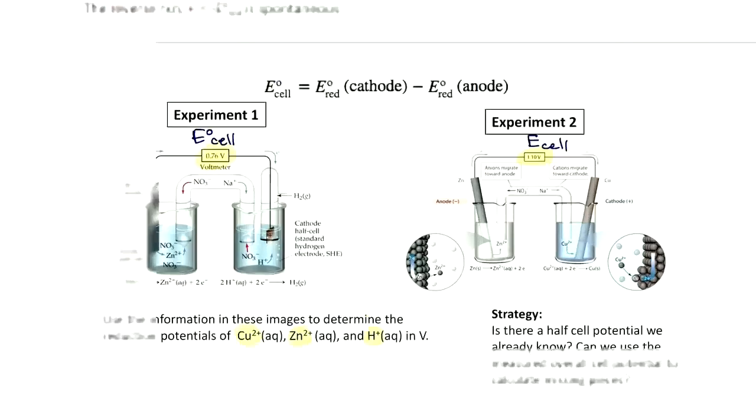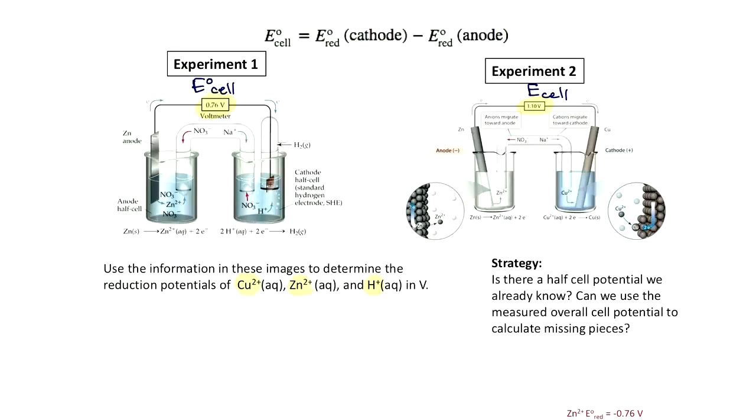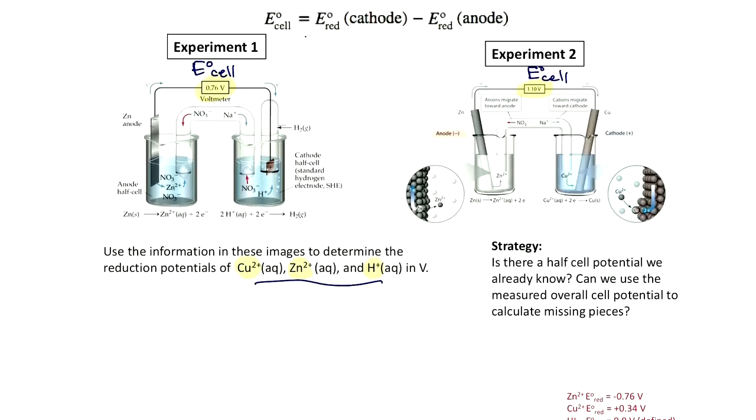So we want to calculate what the reduction potentials of all of these things are given these two experiments. These are the only things we know. And so just remember this equation. Is there any of these substances where we already know the reduction potential? What's the definition for hydrogen? It's 0, yes.